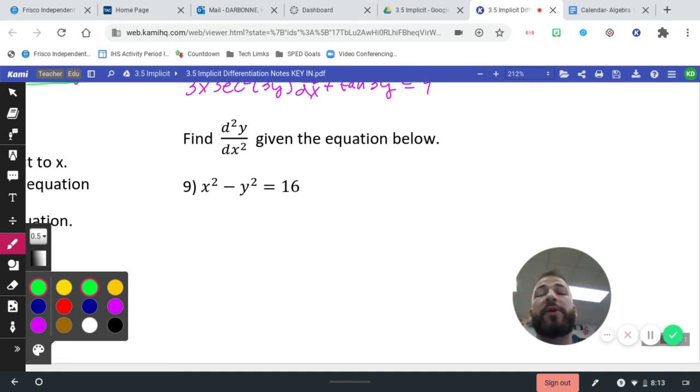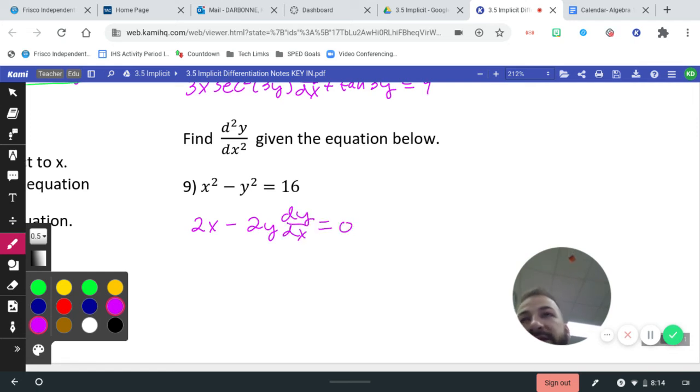So what we're going to do is we're going to derive this twice. The problem is when we derive it twice, we do run into a little bit of a conundrum with implicit, but we'll talk about that here in a bit. So let's find our first derivative first. So same exact steps. So x squared becomes 2x minus y squared becomes 2y dy over dx equals 0.